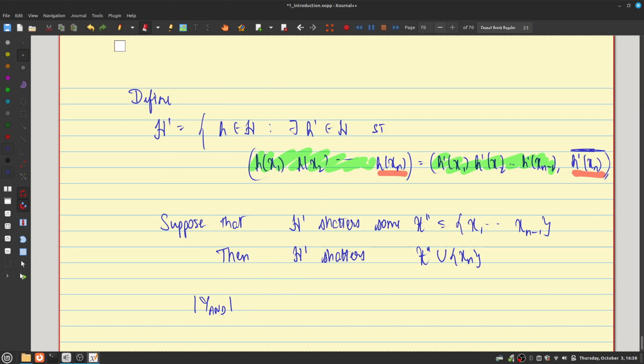So my claim is that this is equal to the restriction of h prime onto this set xn minus 1, which is the first n minus 1 elements.